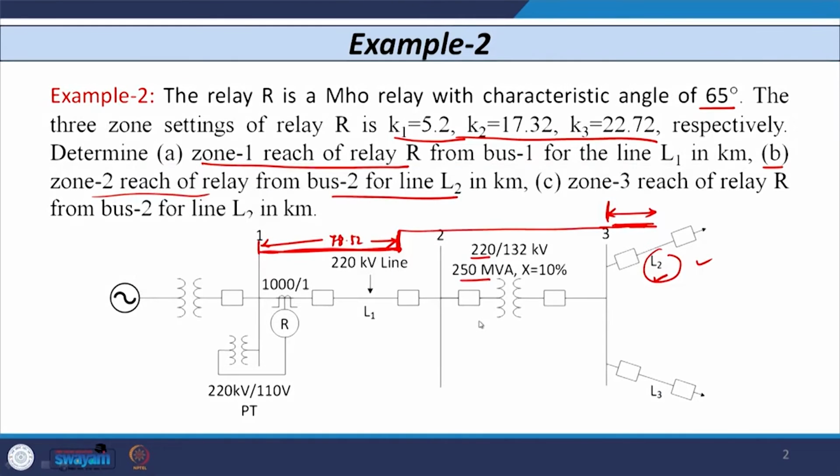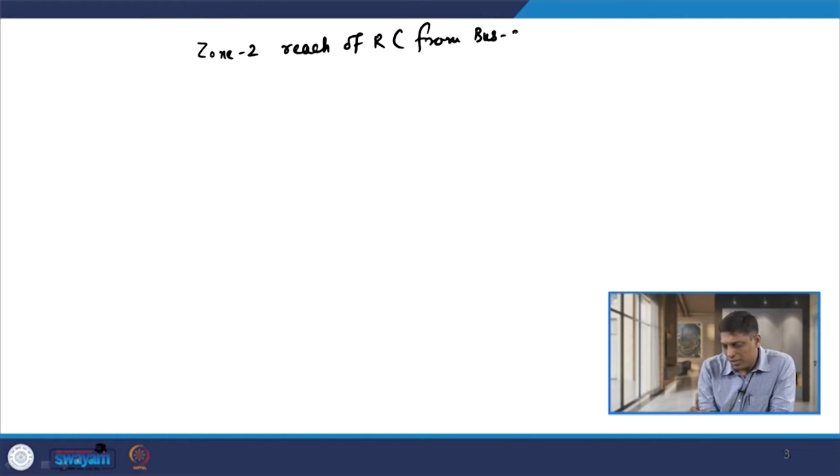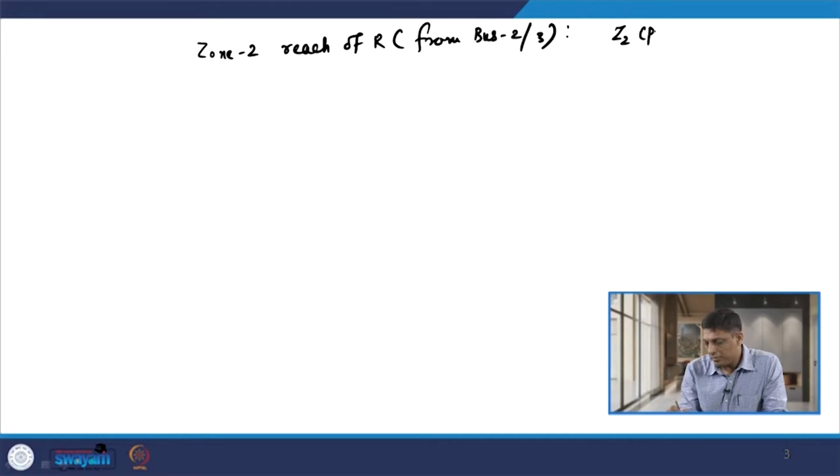So, the zone 2 reach of relay R from bus 2 or 3, both are same, will be equal to Z2 primary minus ZL1 plus ZT. That we need to subtract so that we can find out its reach from bus 2 or bus 3.